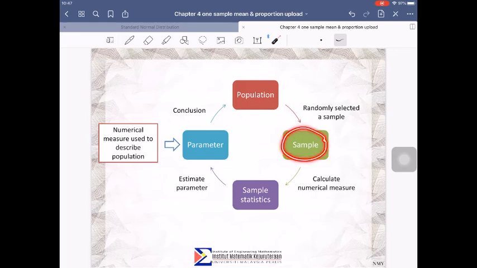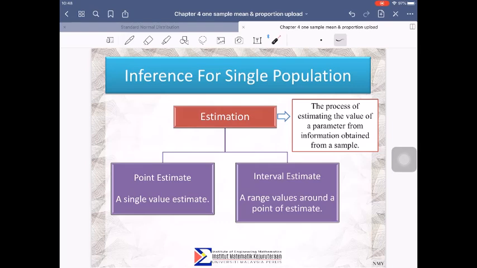After we randomly select a sample, we're going to collect all the information to calculate numerical measures, the sample statistics, and the value that we get, we're going to use to estimate the parameter that we use to conclude about our population.